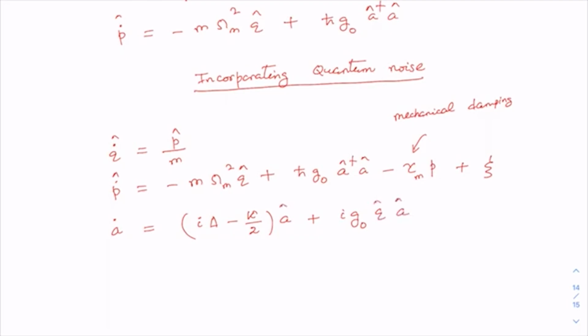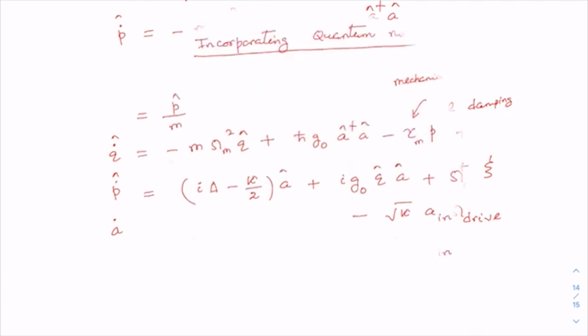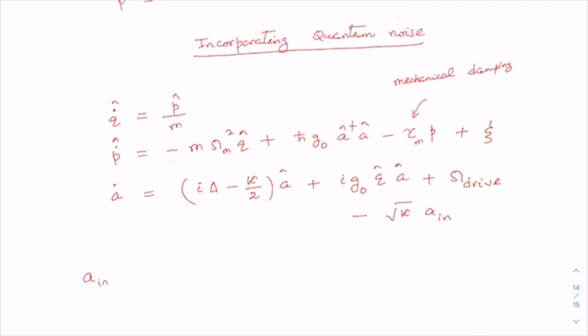All these are again operators, and we have this omega drive, and also we have the vacuum fluctuation that has to be added. Here a in is equal to a in tilde.